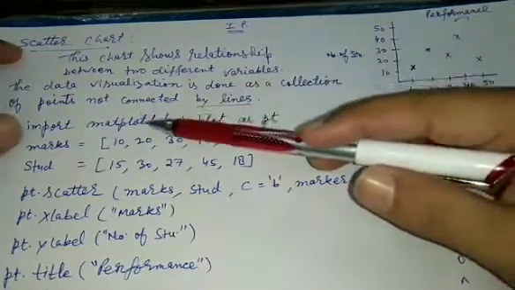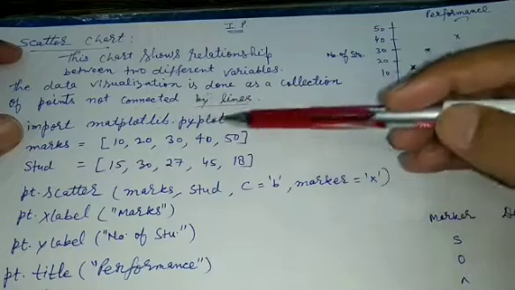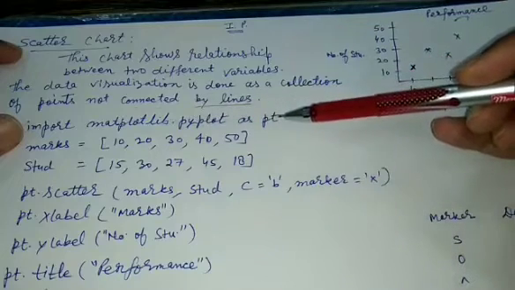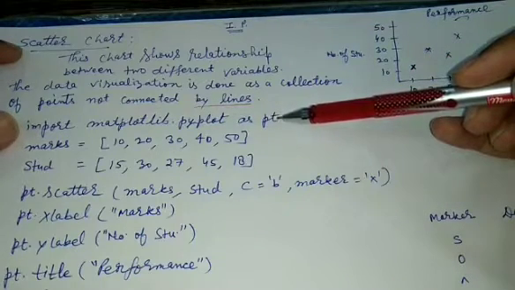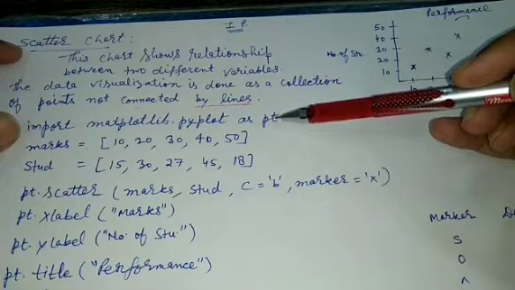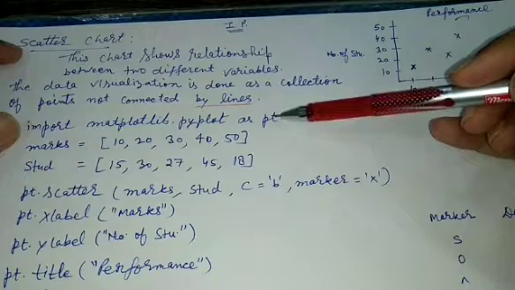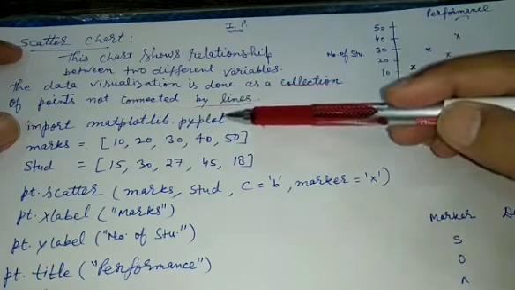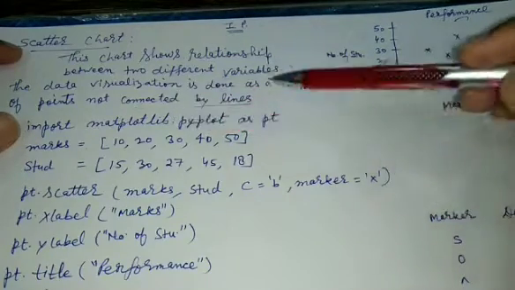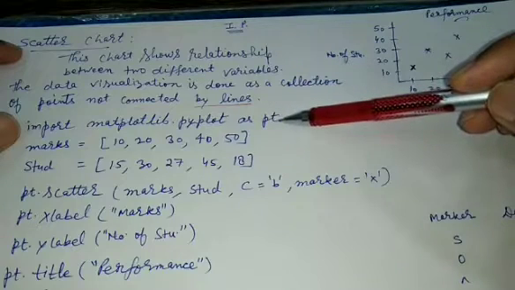Take an example. Import matplotlib.pyplot as pt. You are very much aware of this line now, that this is the import statement which imports pyplot from the matplotlib module, and we assign it a short name, or you can say alias name, pt.